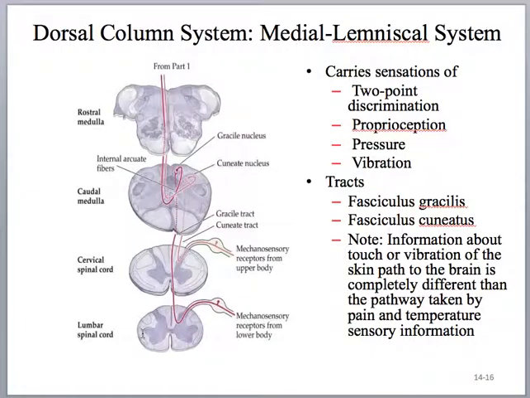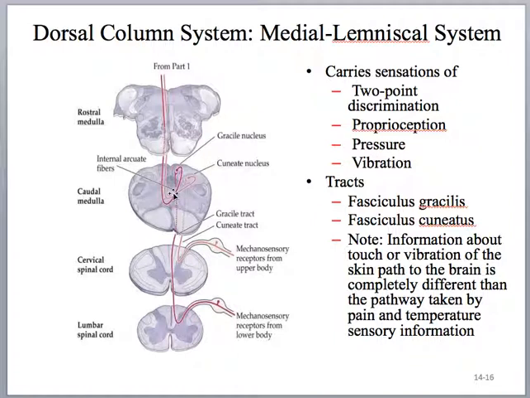And so here we're looking at the dorsal column system, and what we're going to look at is two-point discrimination, proprioception, pressure, or vibration. We see that the information is ascending from the fasciculus gracilis.